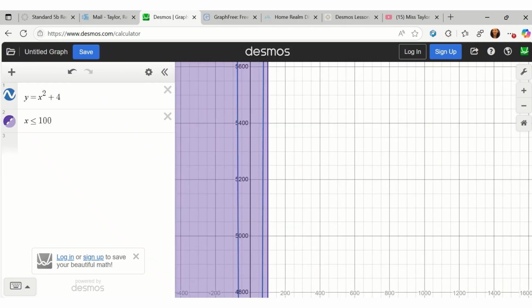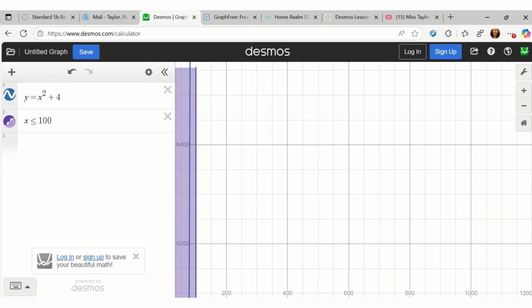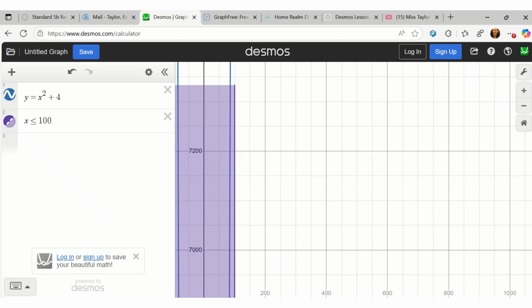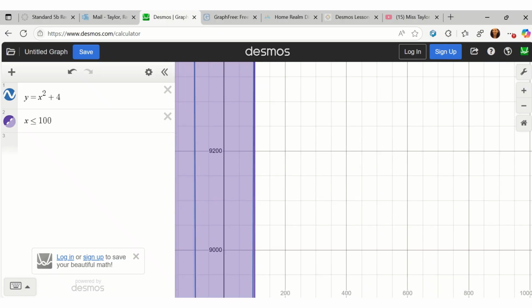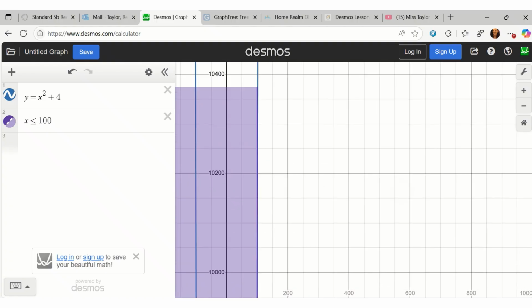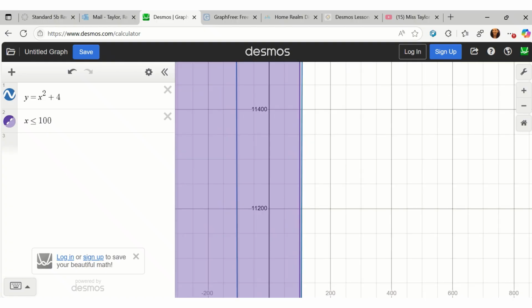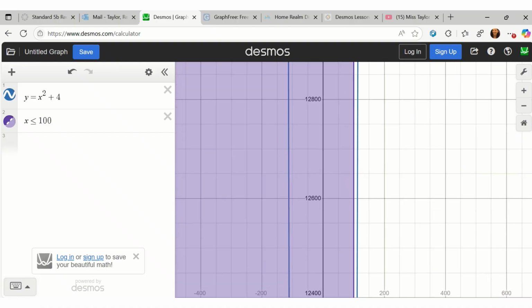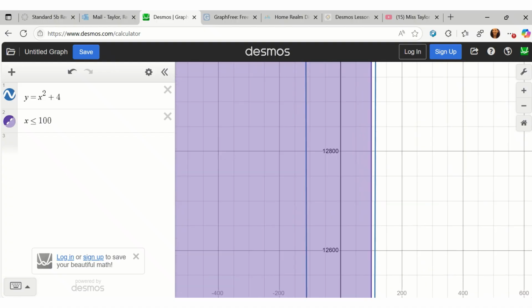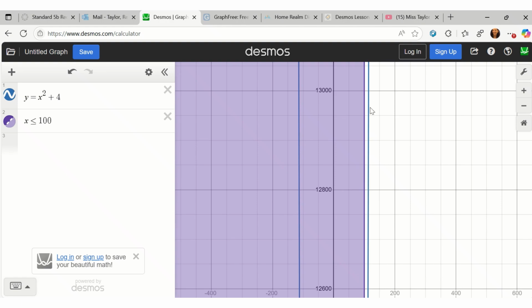I have to go ridiculously high, up to 12,800, but finally I can see a piece of the parabola that's stuck out. It's not in my shaded region.